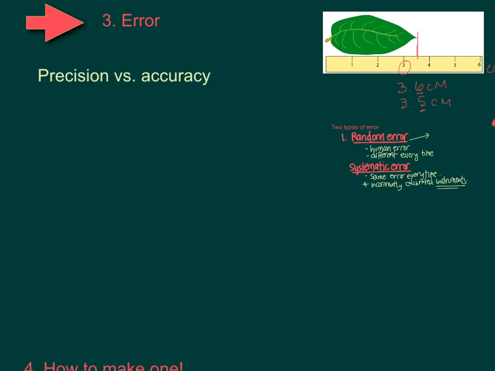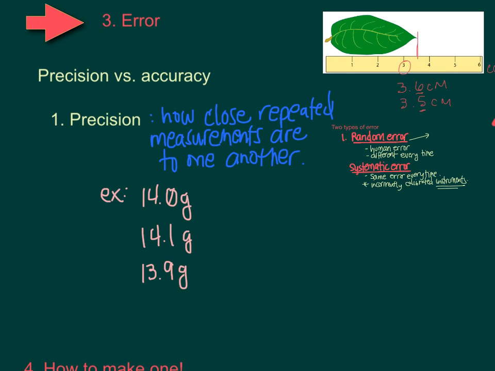And since we're talking about error, we need to talk about precision versus accuracy. Precision is how close measurements or repeated measurements are to one another. So for example, let's say I gave you a rock and asked you and 2 other people to weigh that rock, and you each made a measurement.